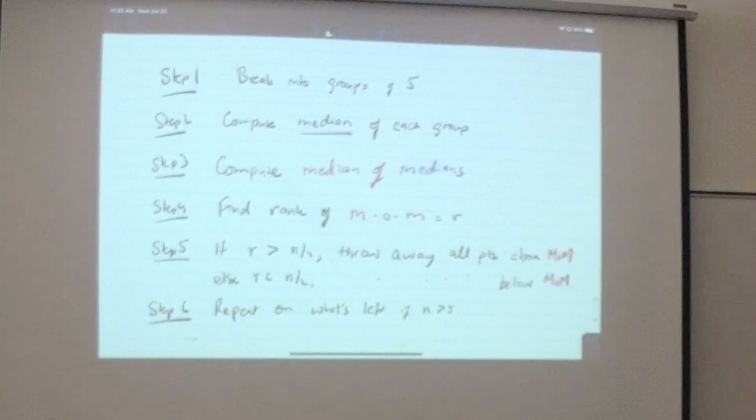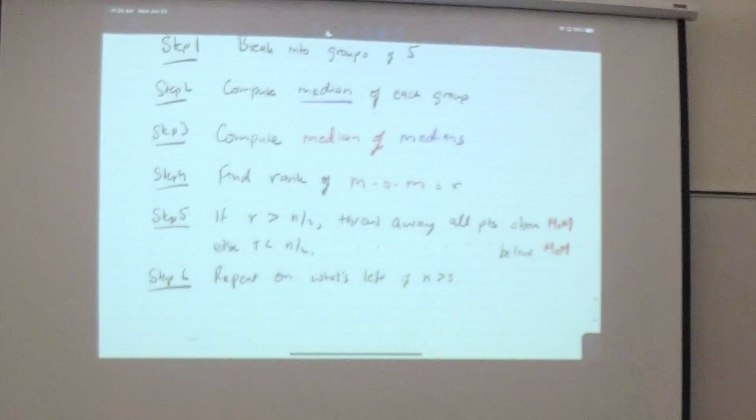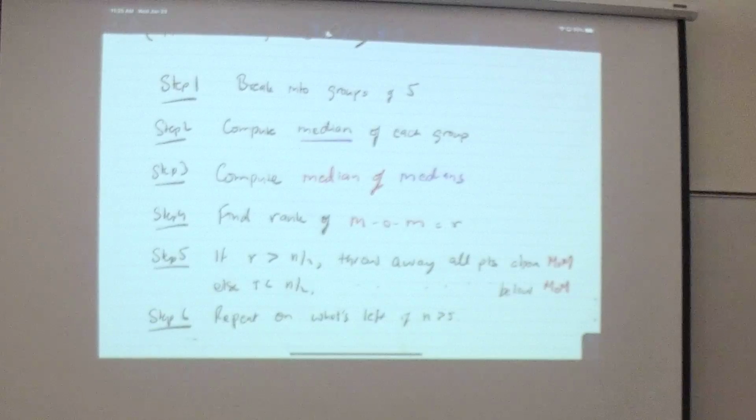To make this fully specified, I have to put in a couple of things. First of all, the algorithm really is finding, like I said, the kth highest element. I'll do all of this as before, but now if I want to find the kth highest element, if the rank of my element is more than k, then I throw away the stuff higher.